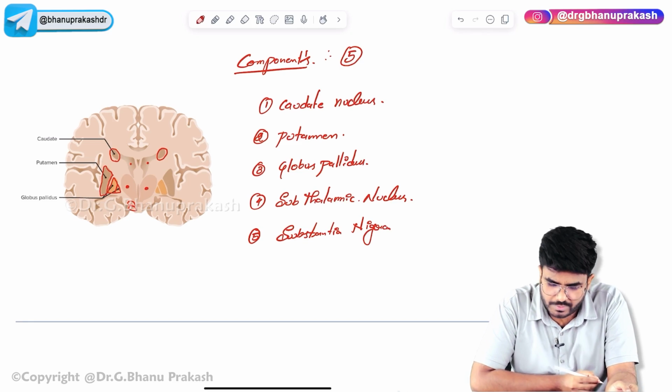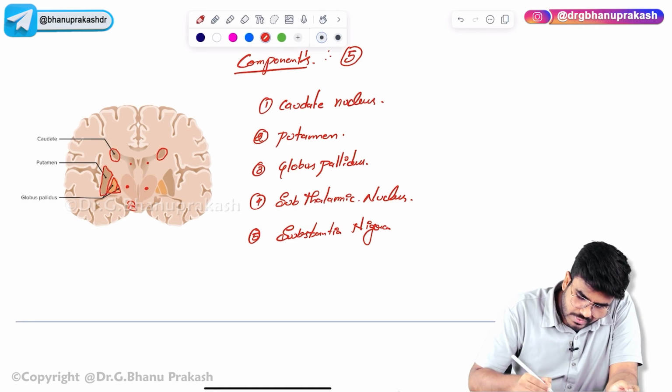Substantia nigra in the midbrain. See, this is very important for your exams.